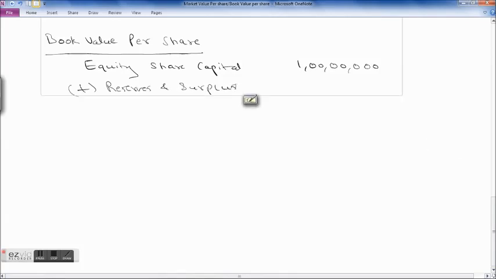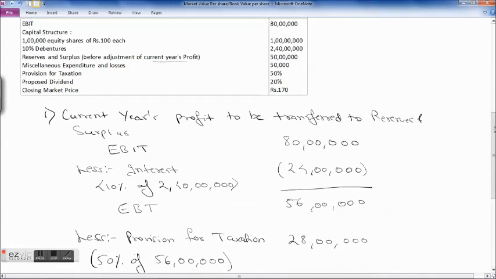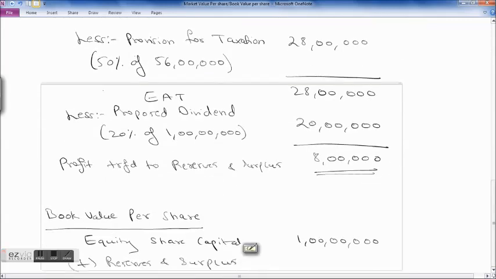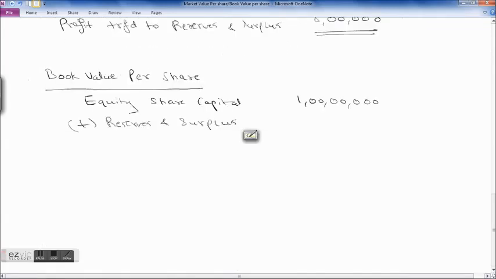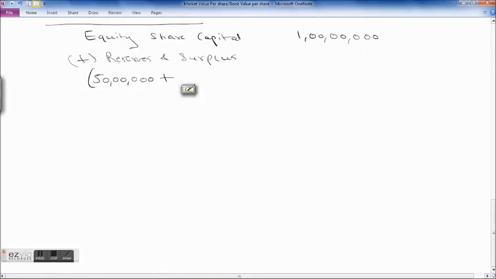The balance in reserves and surplus is 50 lakhs, which is without considering current year profit, so I'll put it in brackets. 50 lakhs is the opening balance, plus the current year profit, 8 lakhs, so that comes to 58 lakhs.